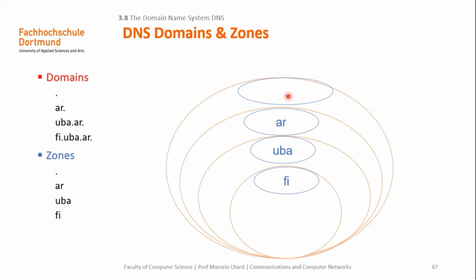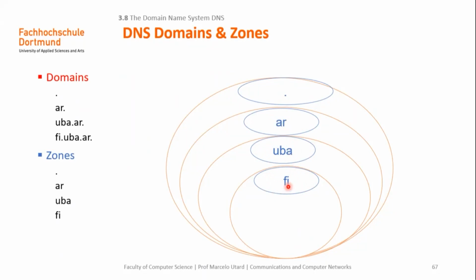Then root, the Argentine zone administered, in the case of Argentina, by the organization called NIC Argentina, Network Information Center Argentina, at the University of Buenos Aires, and finally the Faculty of Engineering of the University of Buenos Aires.